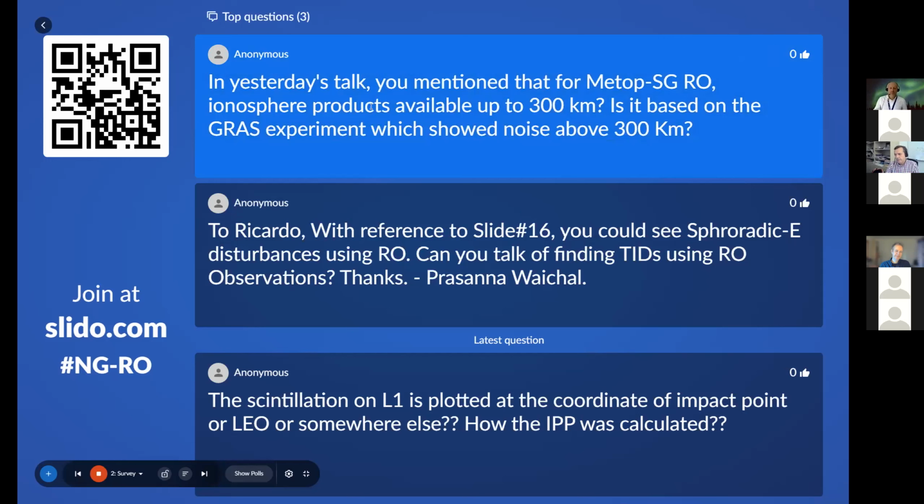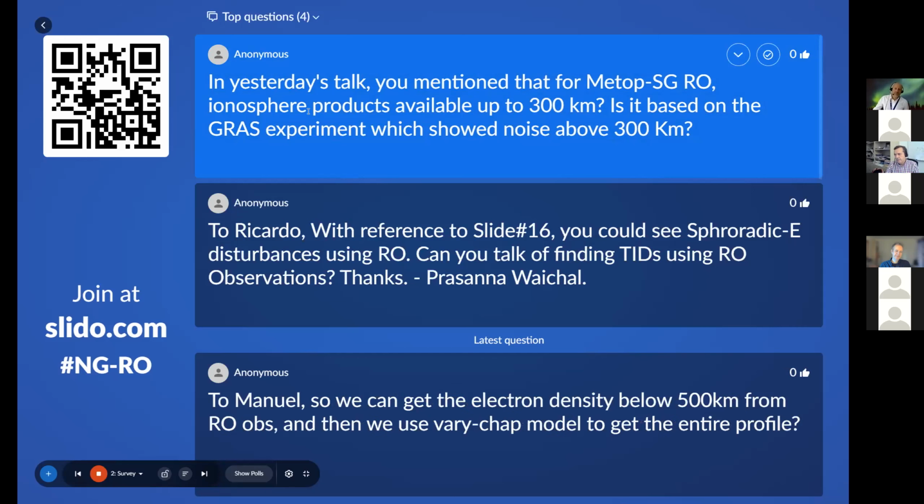In yesterday's talk, you mentioned that for EPS-SG RO, ionosphere products available up to 300 kilometers is based on the GRASS experiment, which showed noise above 300 kilometers. No. The second generation radio occultation instrument will provide ionospheric products up to 500 kilometers, possibly up to 600.